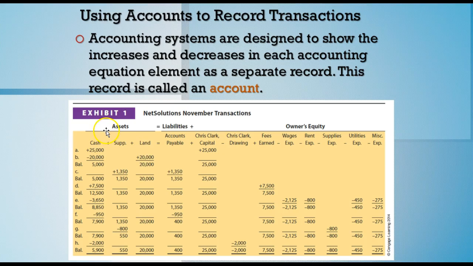And each one of these categories has accounts in them, such as cash, supplies, and land, or accounts payable, capital, and then you've got income statement accounts: fees, wages, rent, supplies. These are accounts, and that's how we keep track of the money being spent or the assets being bought and sold in a company. And it's called an account. So cash is an account.